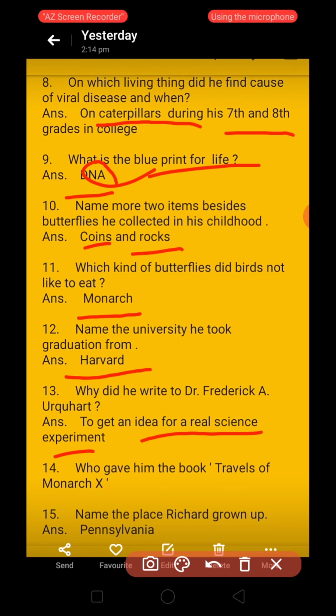In question number 14, who gave him the book Travels of the Monarch Tent? This book was given by his mother. So you have to write the answer, mother.